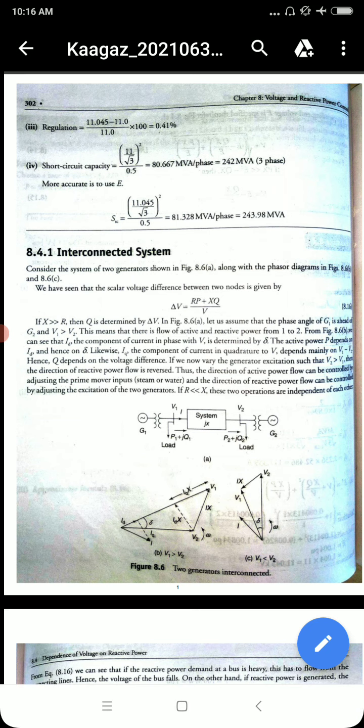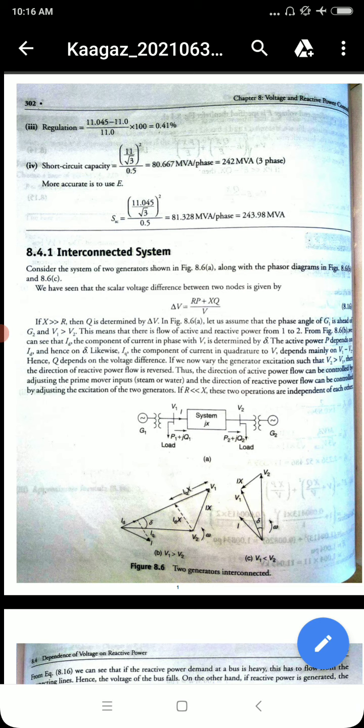For the second bus we are finding, that's why we are taking Q2 and P2. Fine. If we keep V1 and V2 constant, then delta V is also constant. Then we can write that Q2 is equal to K minus R by X P2, where the V2 by V term will become constant there. So this is the equation 8.18.